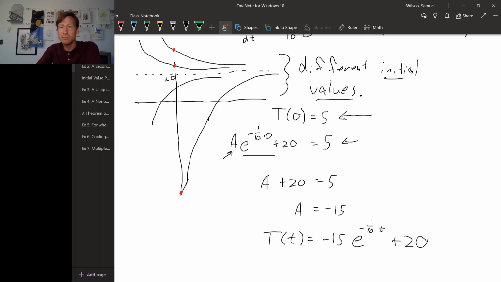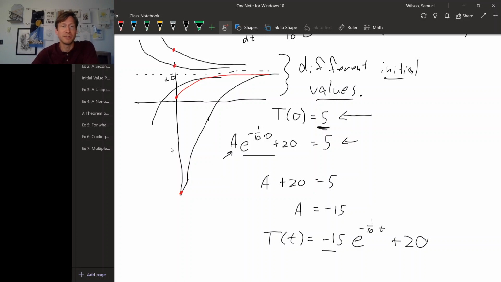For this particular situation, because the object started out at a temperature cooler than the room, the exponential gets flipped, and that means it's starting low and increasing towards this asymptotic value of 20. So it seems like a differential equation has lots of solutions, but what selects just one of them is some sort of initial condition.